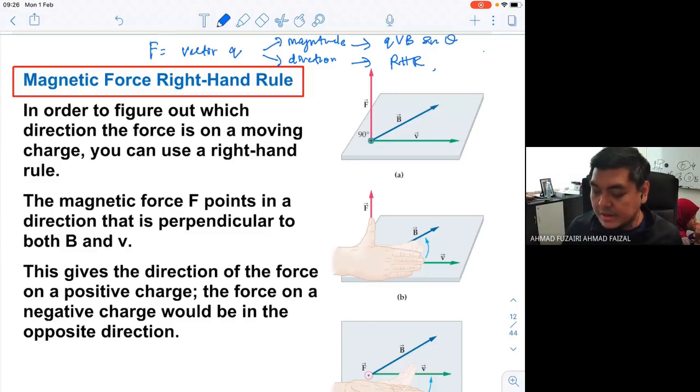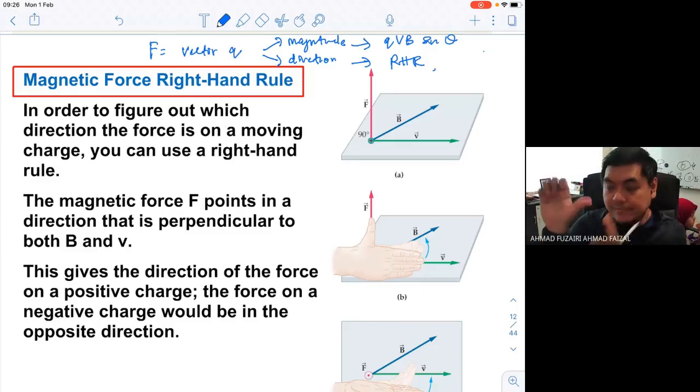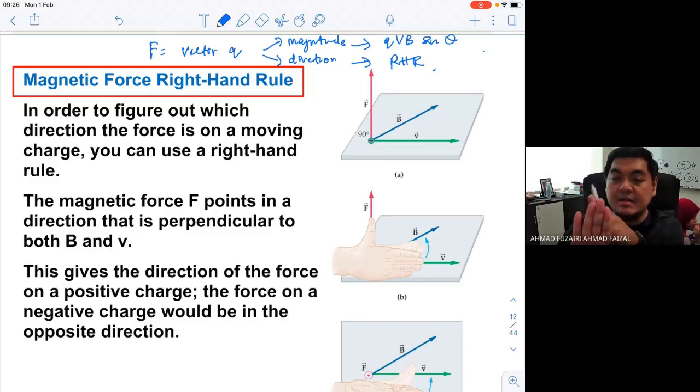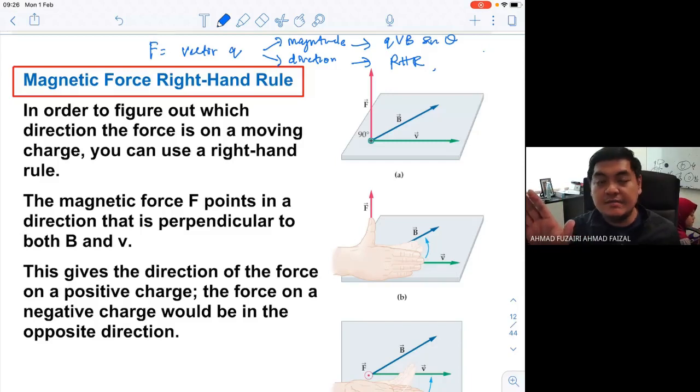So right now, the force will follow whatever the directions of V and B when you try to get the direction of force. It should go like this.